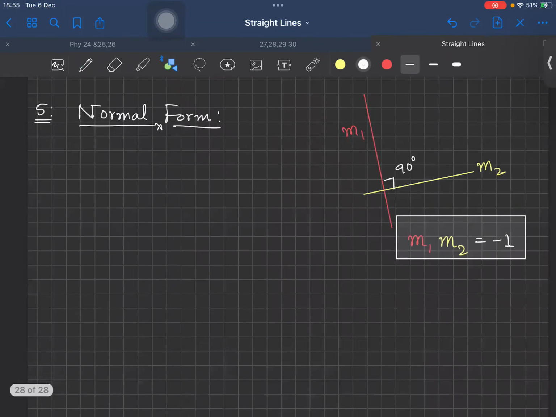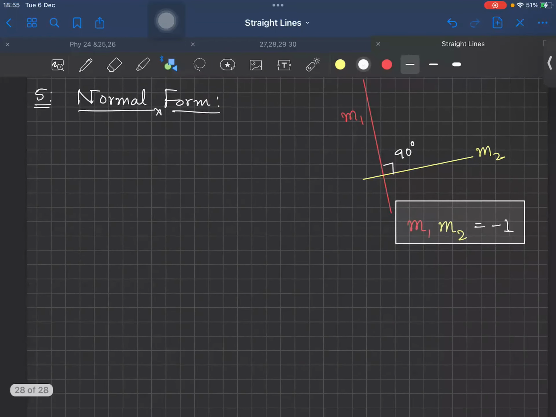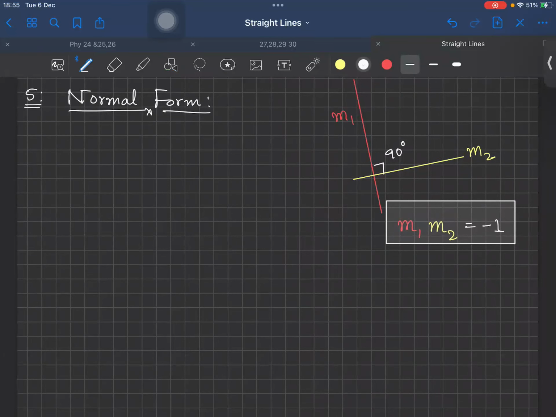Now let's try to understand normal form. First thing, normal is clear. Again, we'll make the coordinate system our very good friend. If you know how to represent things graphically, it will be very easy for you to understand things. That's why I always put effort in graphs.